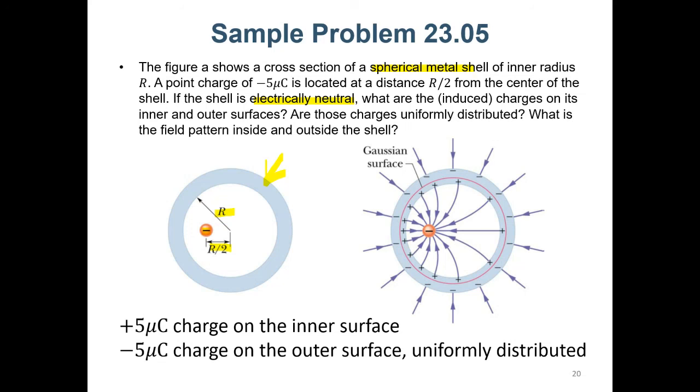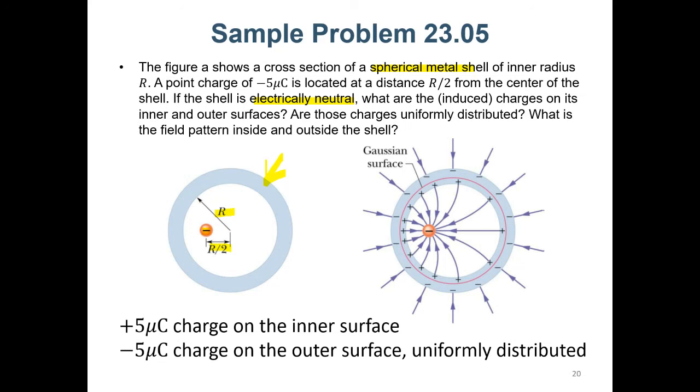This is quite interesting. So we have a ring, and actually the center is here, and the negative 5 μC is placed here.